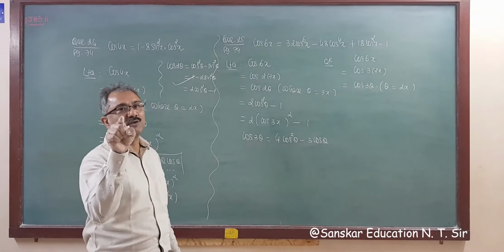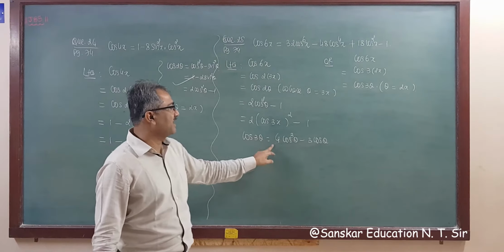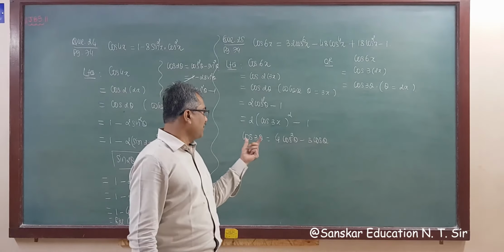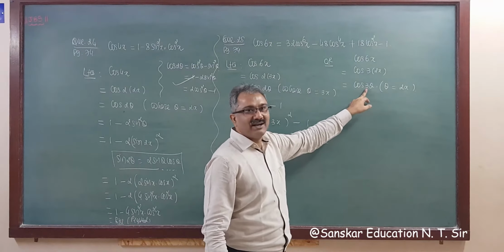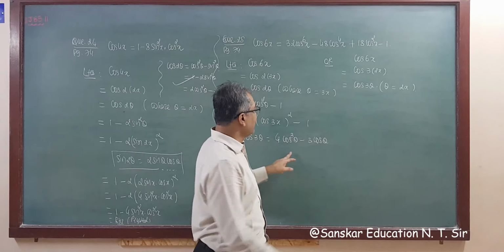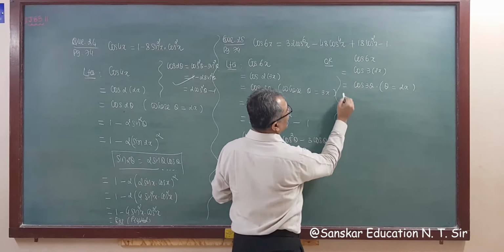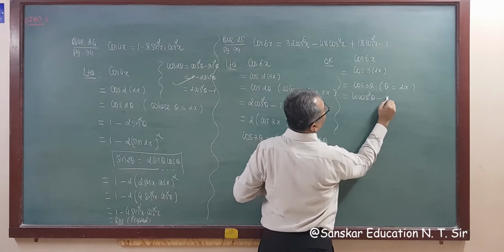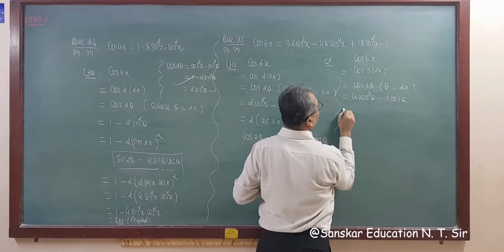With 4 there is always cube. So cos 3 theta is 4 cos cube theta minus 3 cos theta, and sin 3 theta is 3 sin theta minus 4 sin cube theta. So you write this here, 4 cos cube theta minus 3 cos theta.